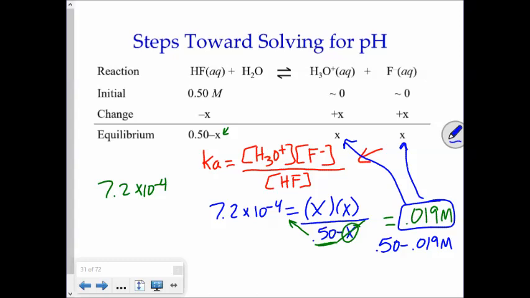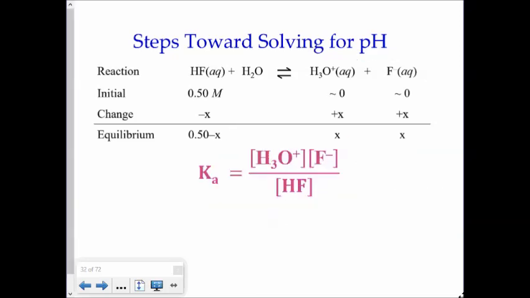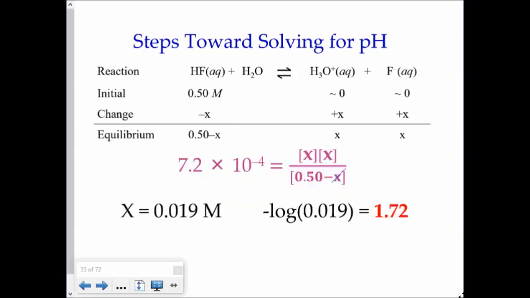What's the overall goal? pH. We need the pH. So if we know our hydronium concentration, what do we do to that to figure out our pH? Negative log. So you negative log that, and you get your pH value, which should be 1.72.